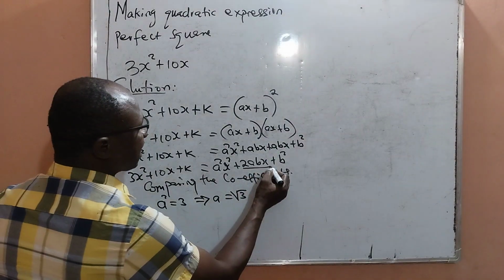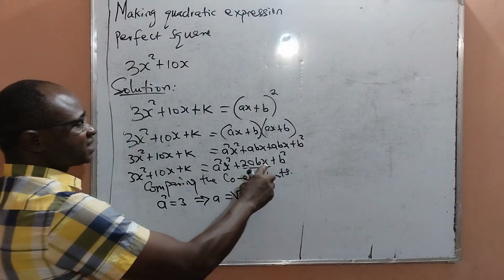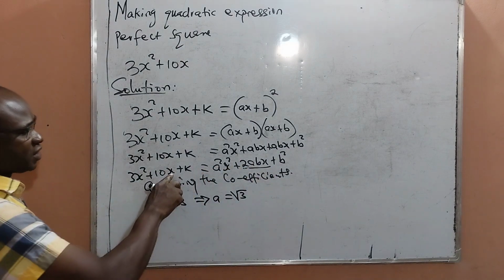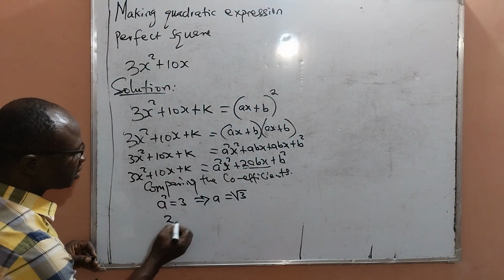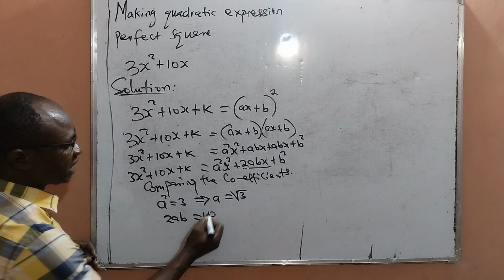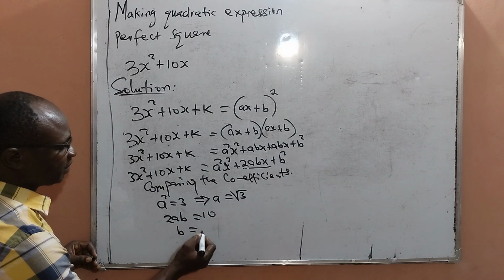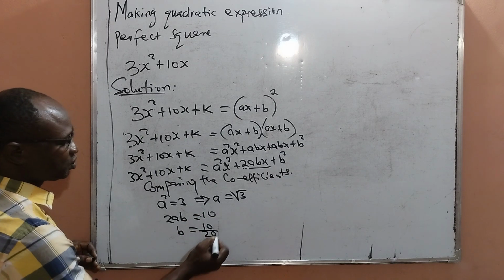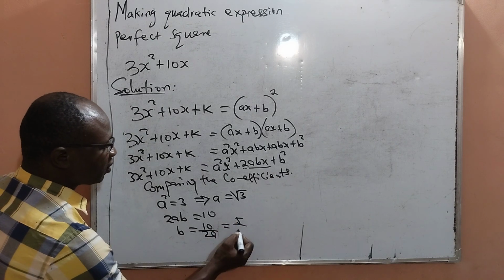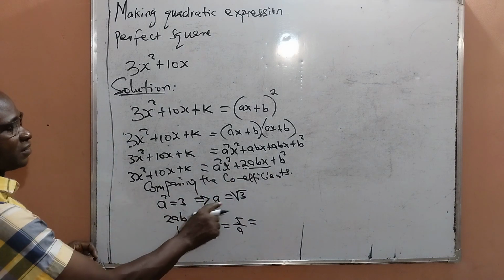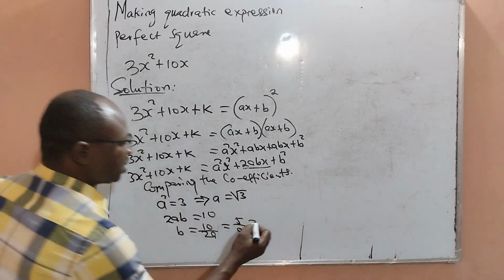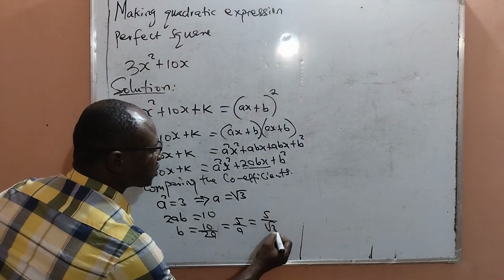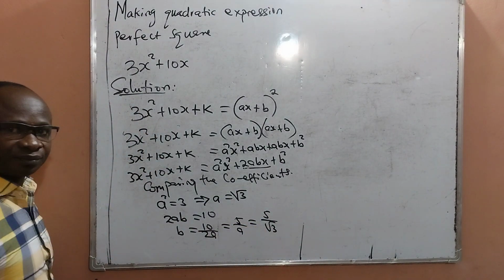Also, from the second term, the coefficient of x here is 2ab, and the coefficient of x here is 10. So 2ab is equal to 10, implying that b is equal to 10 all over 2a, which is the same as 5 all over a. But I know a is the square root of 3, so b is 5 all over square root of 3.